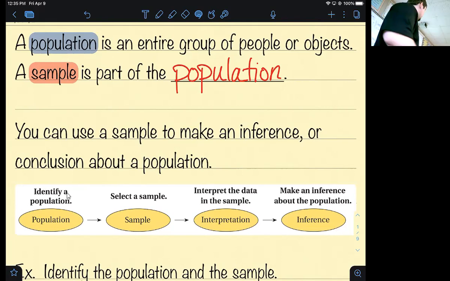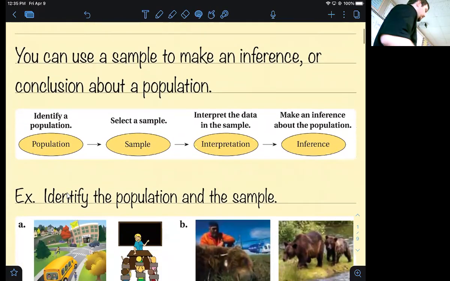So if I'm collecting data, here's the flow chart that I would follow. First of all, identify where my population is. Western middle school. That's what I want to know. I want to know how many Western middle school students play a sport after school. Then I'm going to select my sample. Then I can interpret the data. This is the step where mean and median comes in. We already did that part.